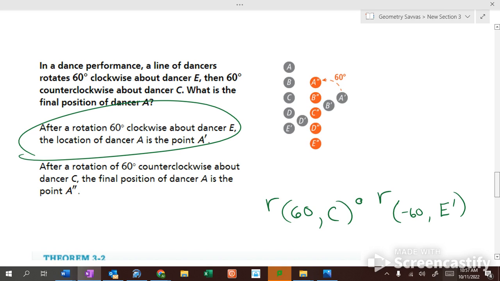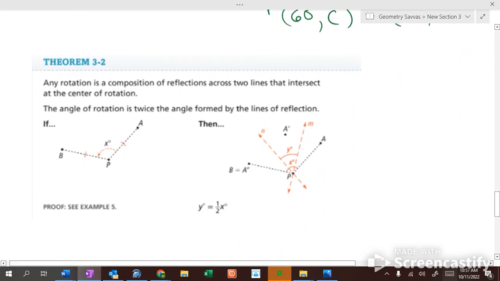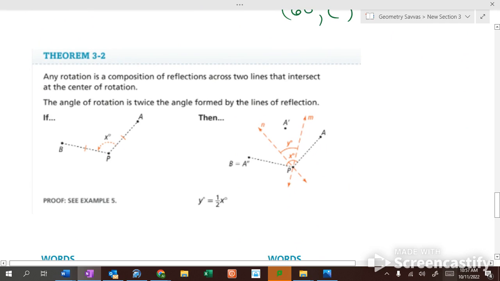Now notice how we have two rotations. It would basically be a slide, or it would be a reflection when we have two rotations, which is the next thing. Any rotation is a combination of reflections across two lines. Again, I'm not going to worry about this when it comes to the test of you guys knowing this, but know that that is a fact.